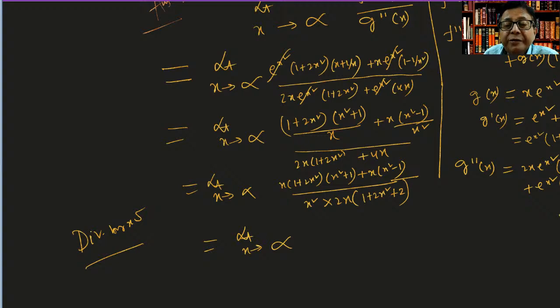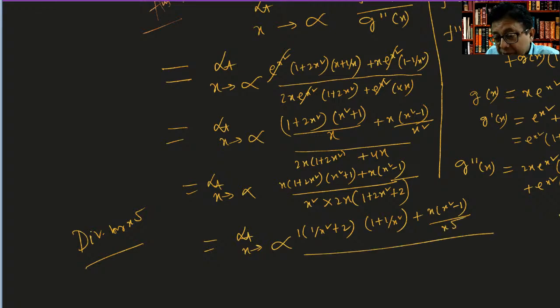x tending to infinity. So here it is x to the power 5, you give x squared to this, x squared to this, and x here, 1 by x squared plus 2, and here whatever you give, this will be 0 because x tending to infinity.